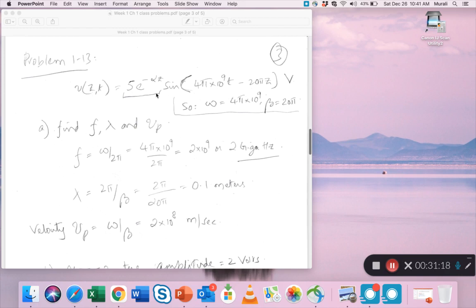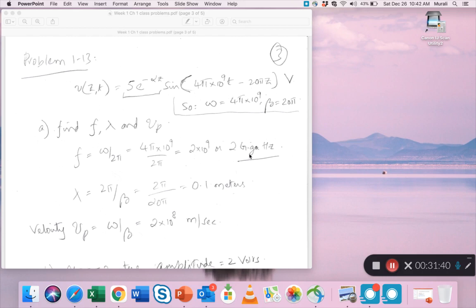So I wrote the original equation given to us. From here you can easily tell omega and beta, right? This is omega, this is beta. Find F, lambda and Vp, velocity. So frequency is omega by 2 pi, 2 gigahertz.